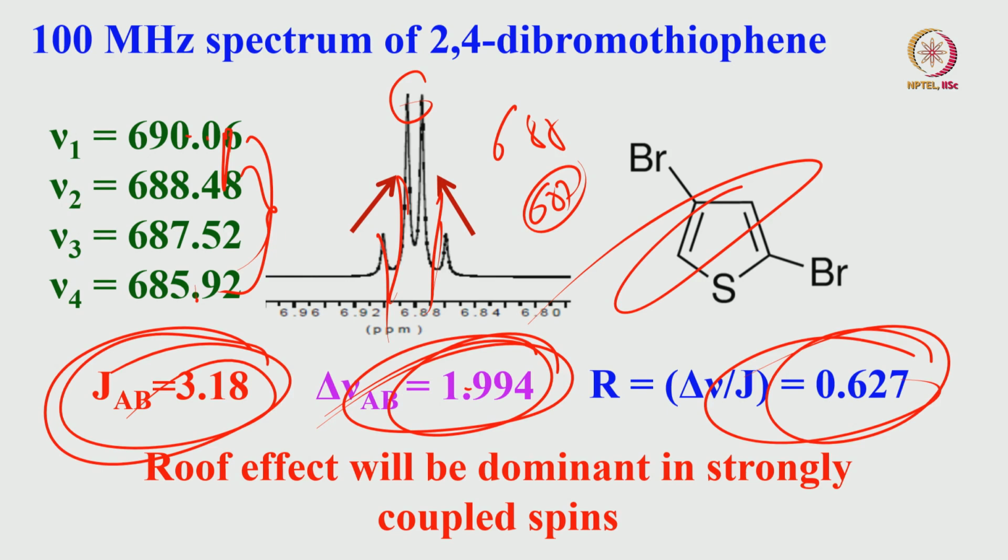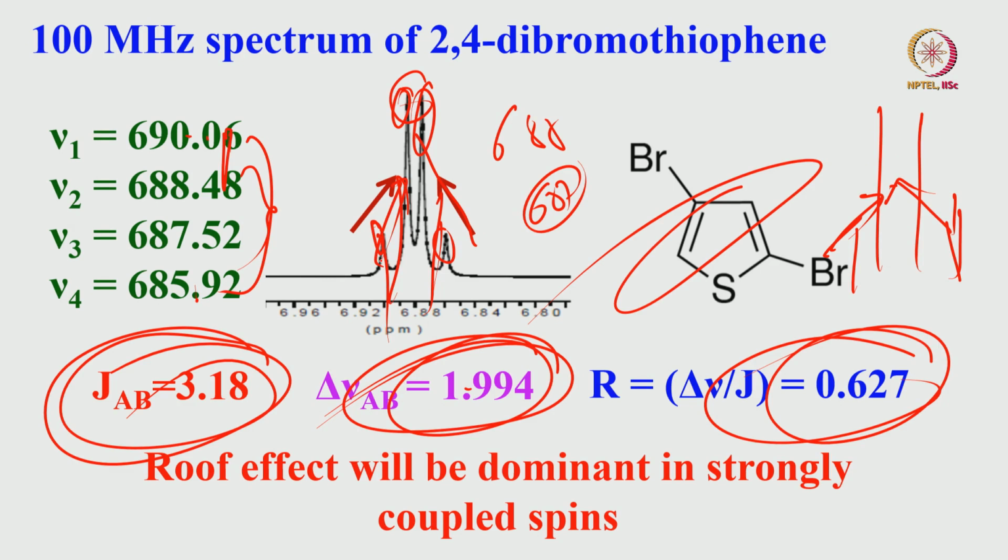And in the case of roof effect, always what happens, some lines will be equal intensity, and then this tells me this is coupled in this direction. If this is weak intensity, this tells me it is coupled in this direction. See, this intensity is larger than this, so it is coupled here. This intensity is smaller than this, so it is coupled this way.